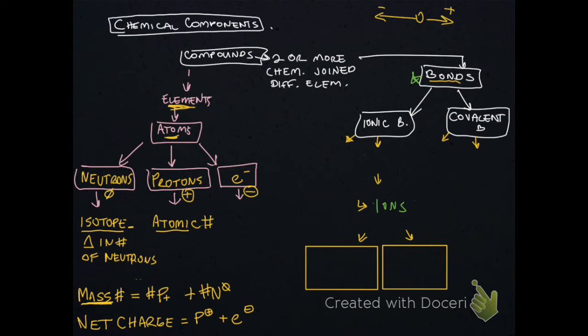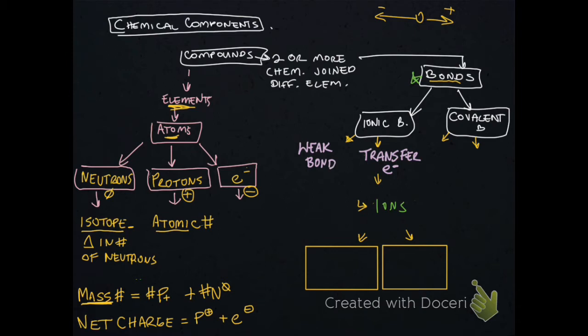Ionic bonds transfer electrons, and they form a very weak bond because they're just transferring that electron.